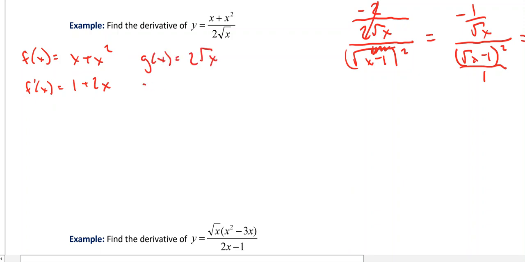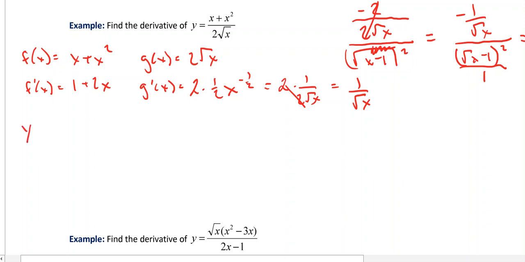And so g prime of x is 2 times the derivative of the square root of x, which once again is 1/2 x to the negative 1/2, which then becomes 2 times 1 over 2 radical x. Those cancel, so I end up with 1 over radical x. And so putting it together, y prime is equal to f prime g minus f g prime all over g squared.